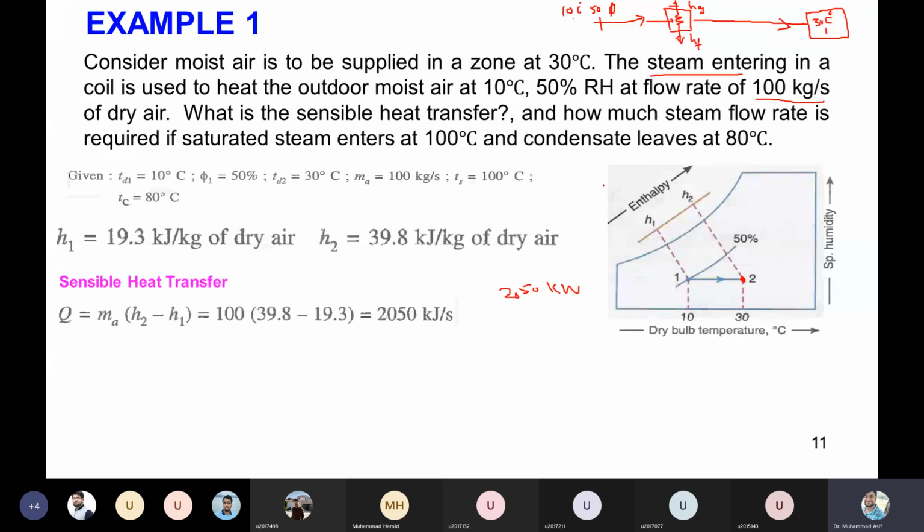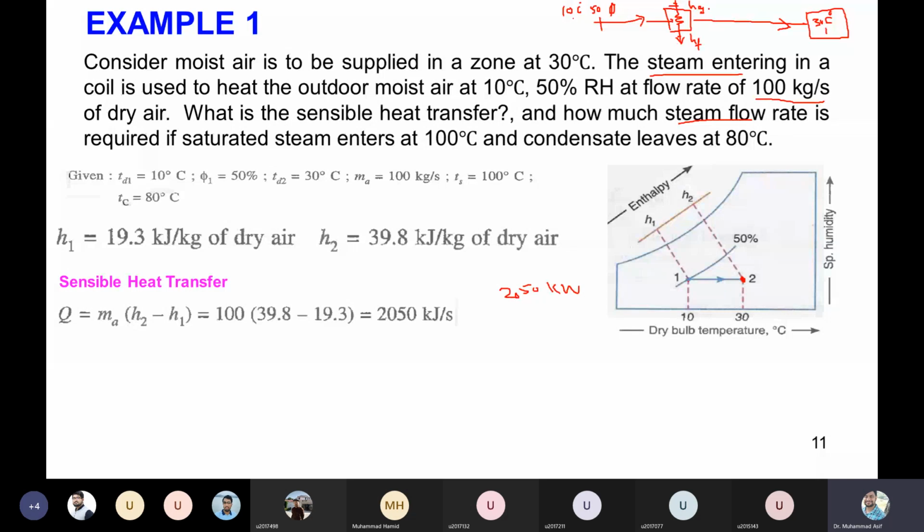Anyway, the next one is how much steam is required to supply the same energy by the steam. We know that the energy supplied by the steam is in the form of latent heat, because it enters as a saturated steam and leaves as condensate.